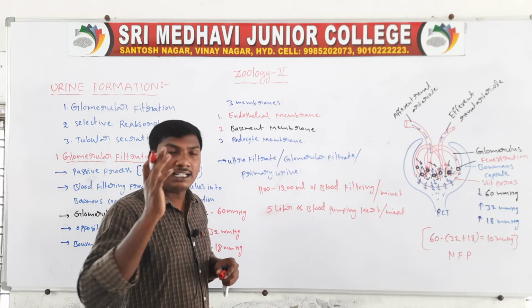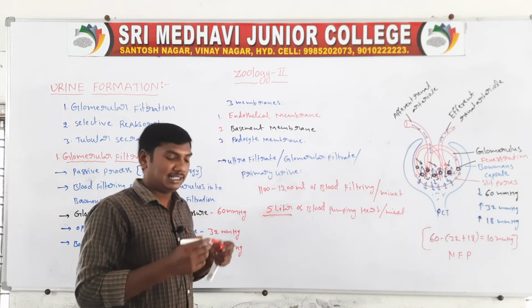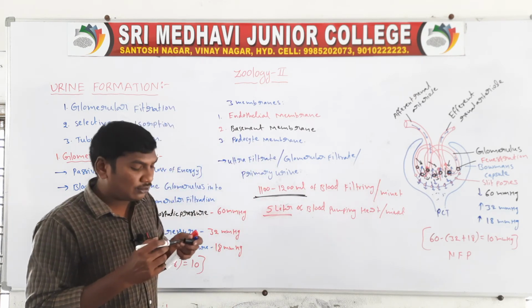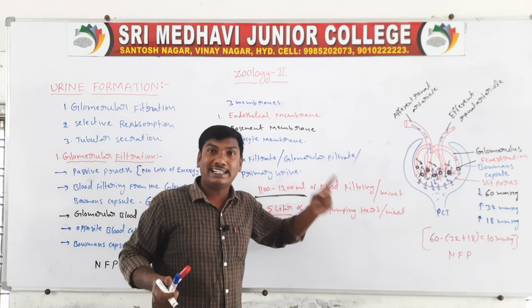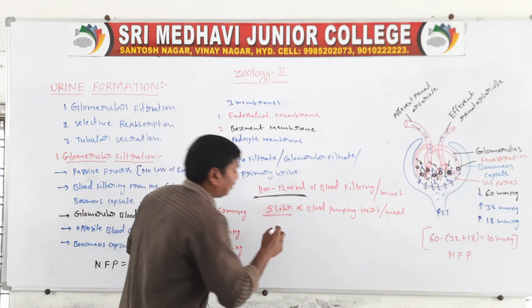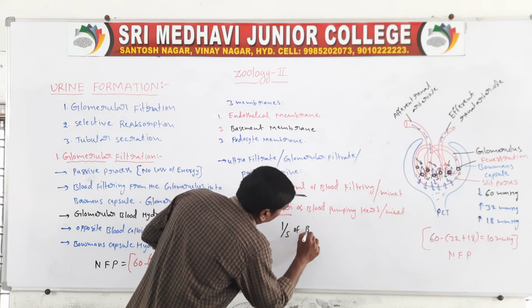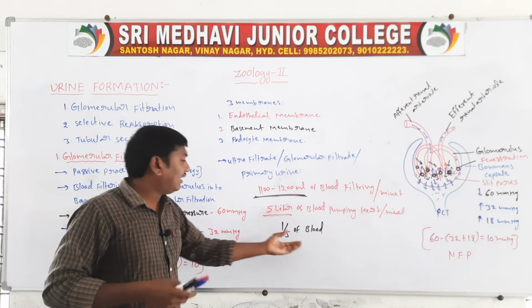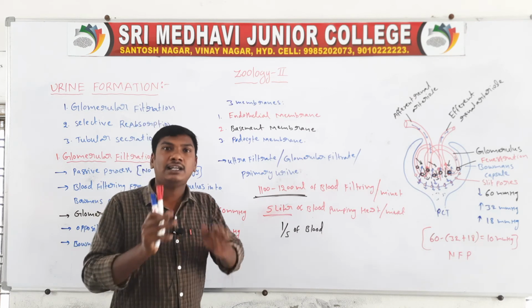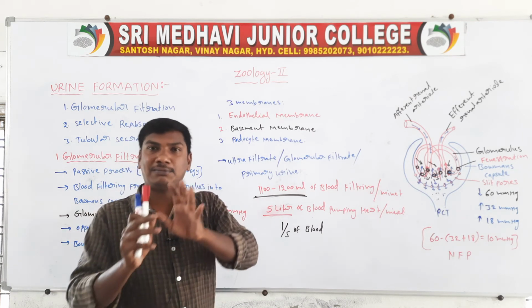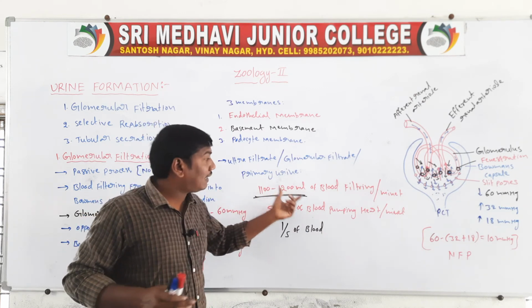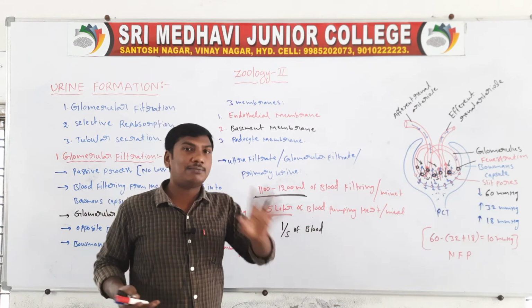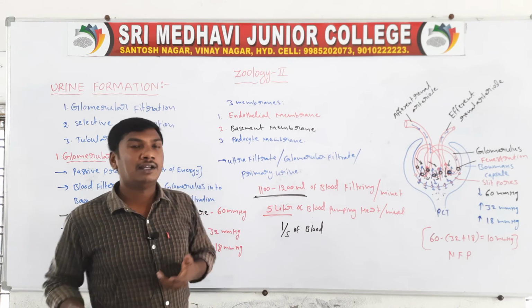The kidneys filter 1100 to 1200 ml of blood per minute, so about one-fifth of the blood pumped by the heart is filtered by the kidneys.